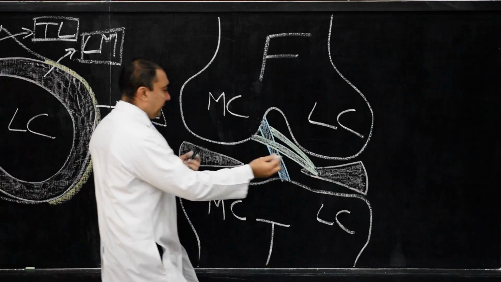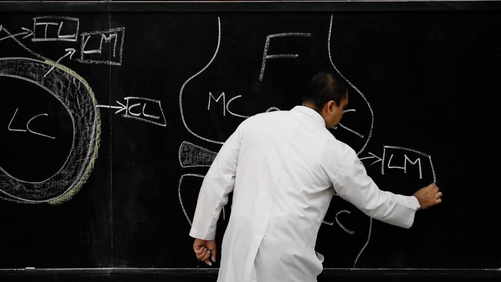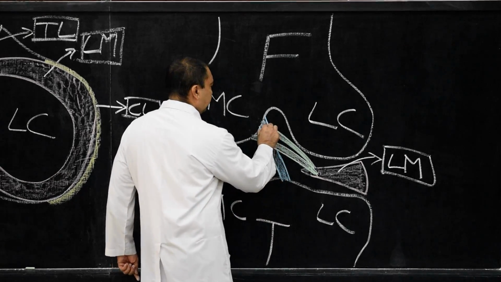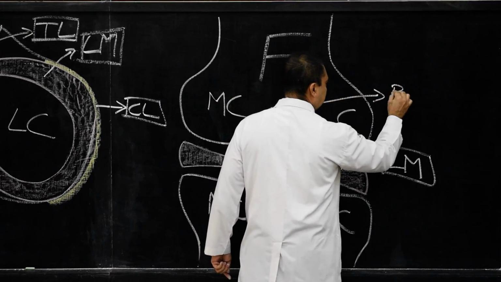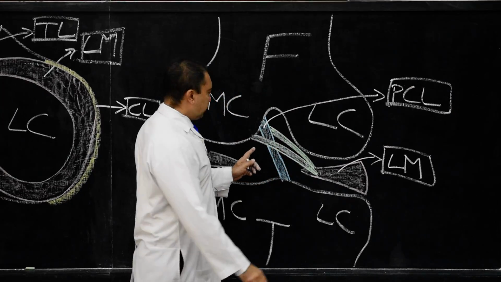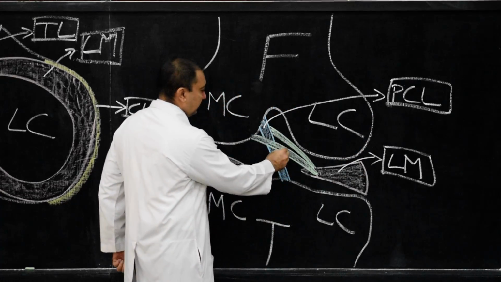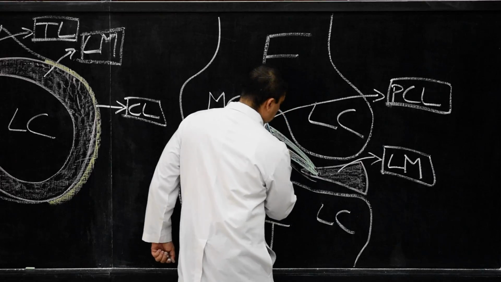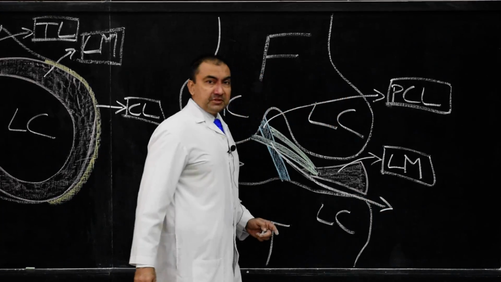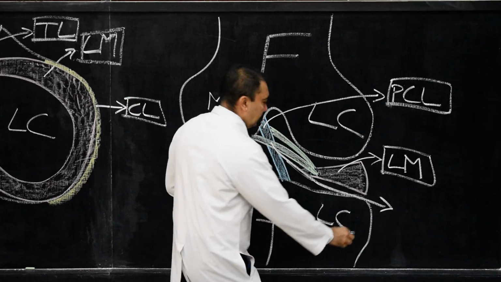Now let us mark and name these ligaments. First over here, lateral meniscus, of course from the posterior of lateral meniscus. Next, we are going to mark this as posterior cruciate ligament. Next, we mark these two as meniscofemoral ligaments. Be careful in marking. This portion we mark as the posterior meniscofemoral ligament.